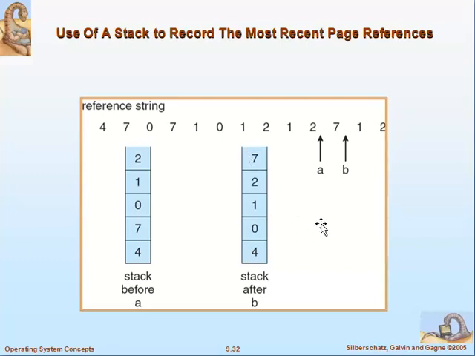This is how the stack changes after a reference to 7. At the bottom, whenever we want a page replacement, we can easily find the page; if it is in a frame, that is the page selected as the victim for replacement.